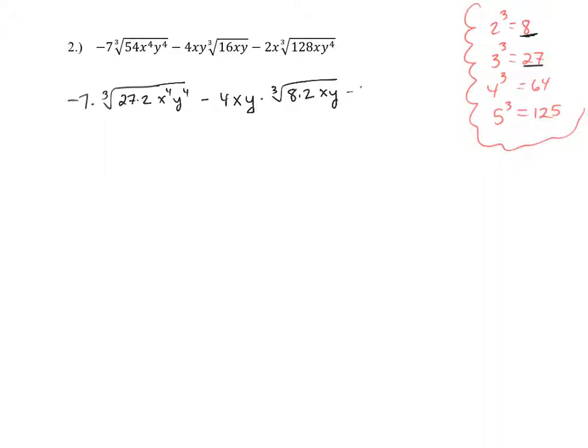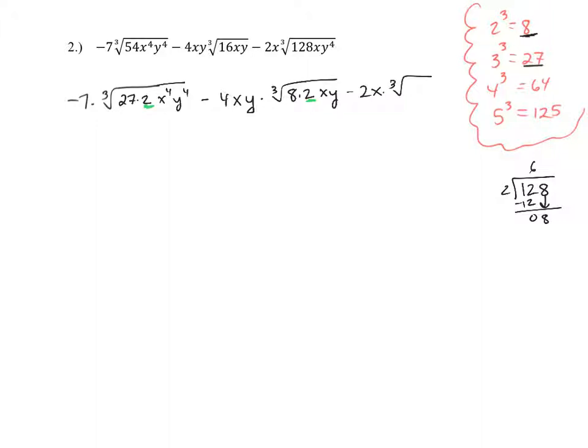And then I have minus 2x times the cube root of 128. Well, I'm noticing all of these products have a factor of 2 in them. So let's see what happens when we take 128 and divide that by 2.